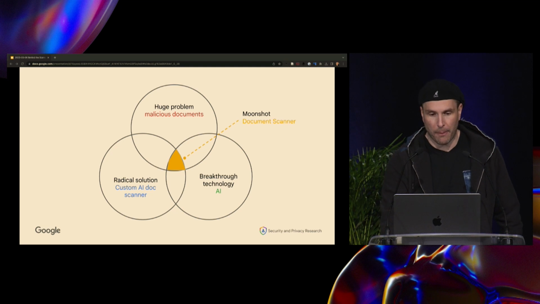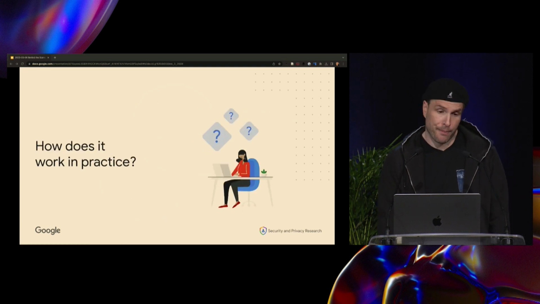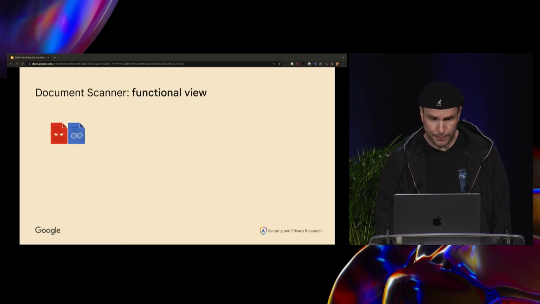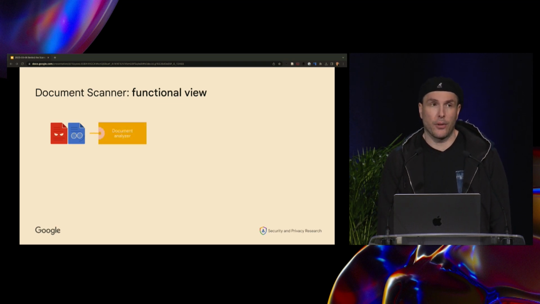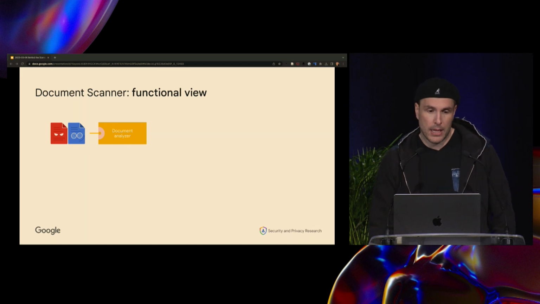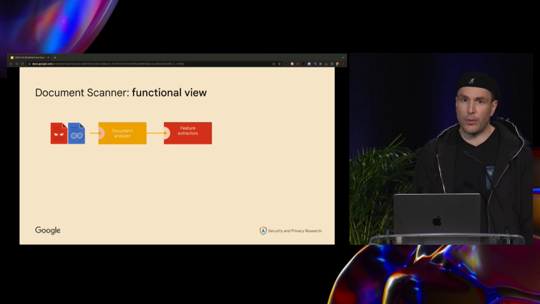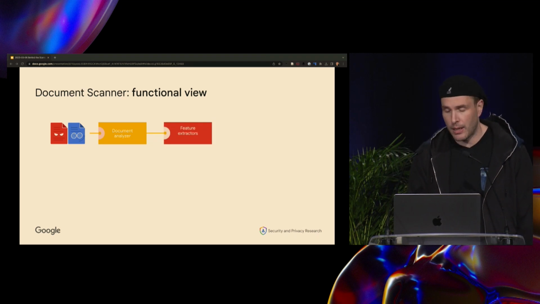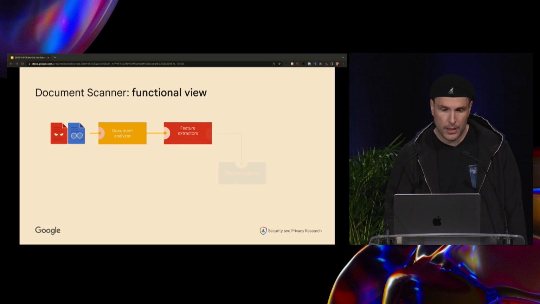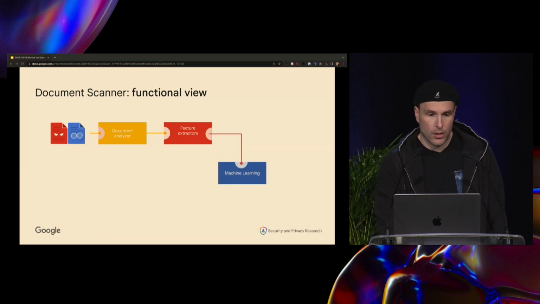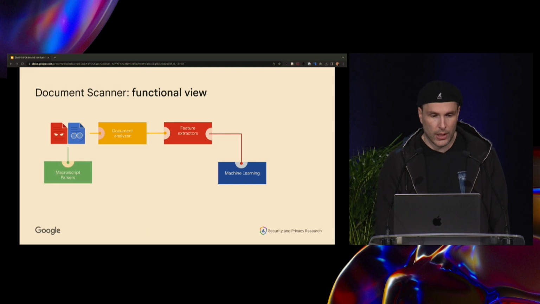So again, talking about the moonshot, how does it work practically? We have the documents and a system, an assessment analysis that is open source software. So what does this system do? It will extract features on the document itself, and this will be given to the machine learning.